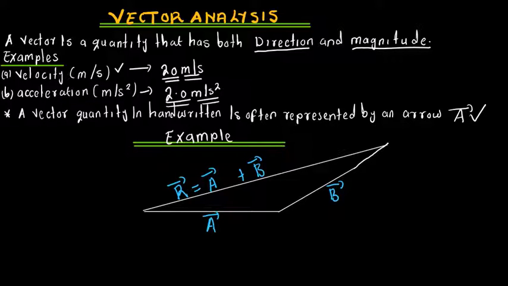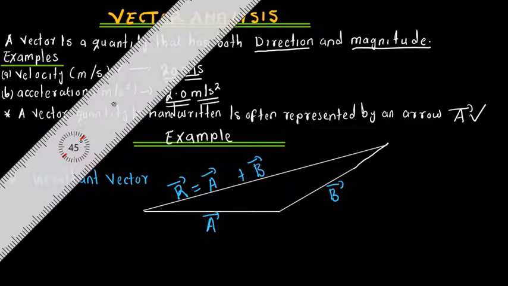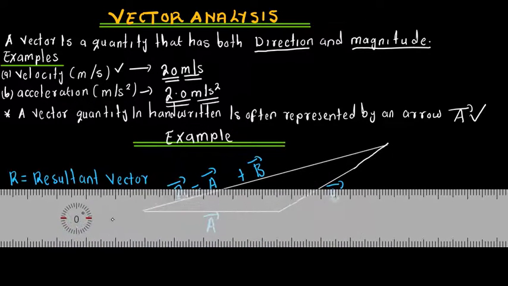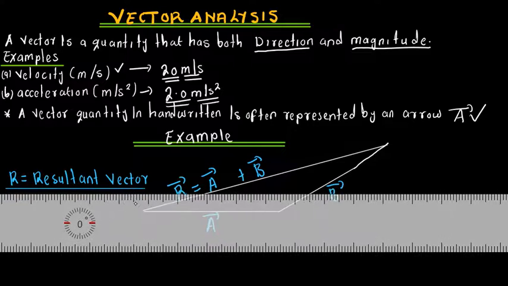And of course, that is just how we present vectors under this topic. All right. So in this case, R is simply representing what we call the resultant vector. And it's very important to take note of this. It's a very important factor.